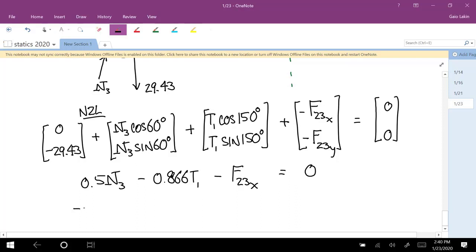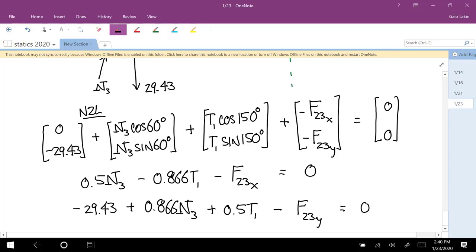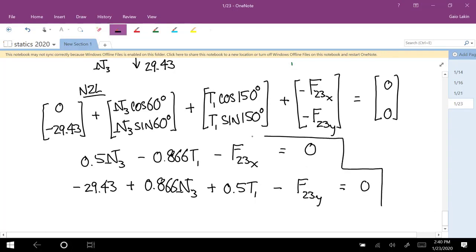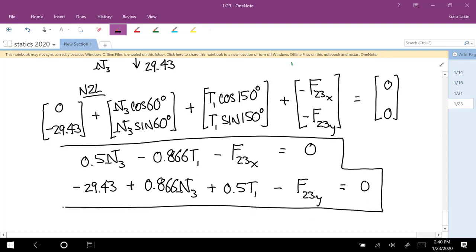And then the second equation says negative 29.43 plus 0.866 N3 plus 0.5 T1 minus F23y is equal to 0. That's equation 5 and equation 6.